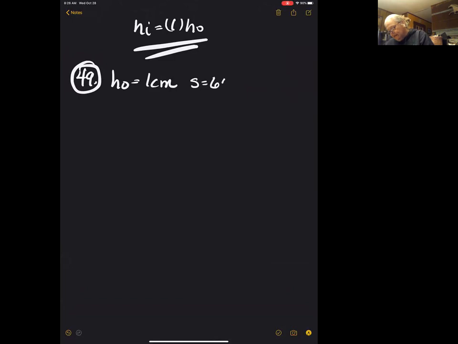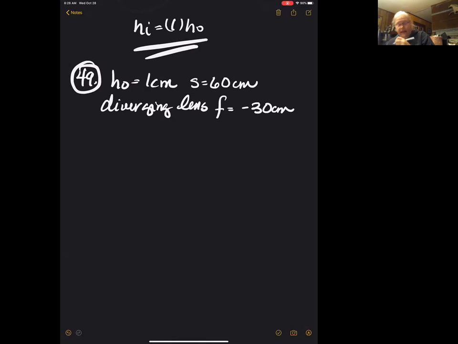So S is 60 centimeters. It's diverging. So that means my focal length now is going to be a negative number. And even if they didn't tell me that, I would know that because it's diverging, but they're nice to me and they tell me it's minus 30 centimeters. And again, they want me to find S prime and the height of my image.